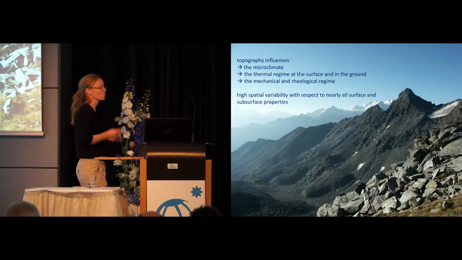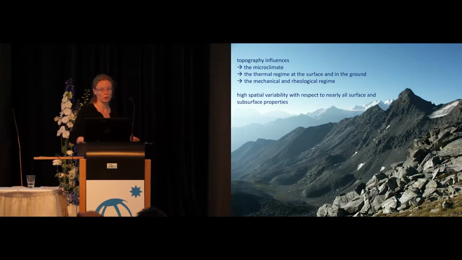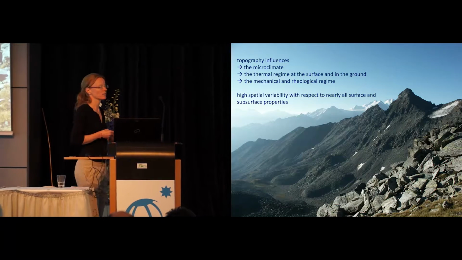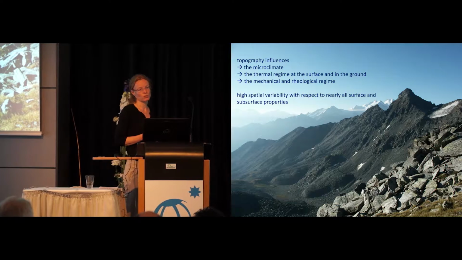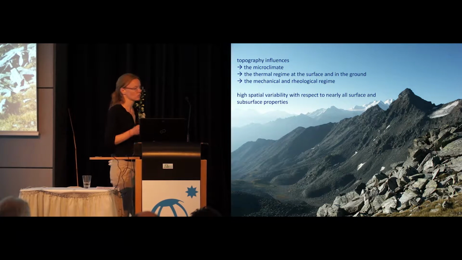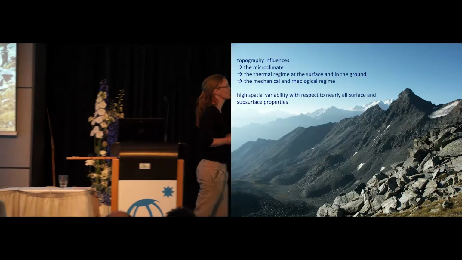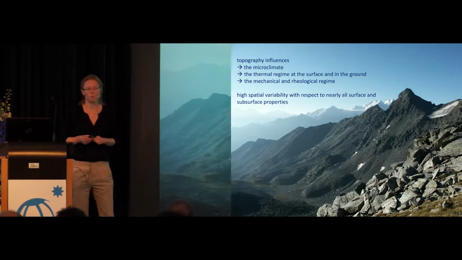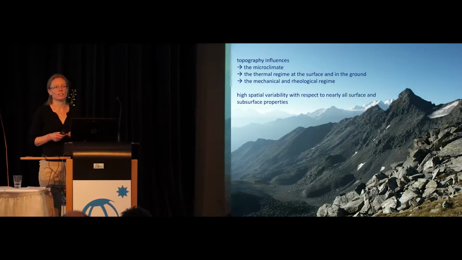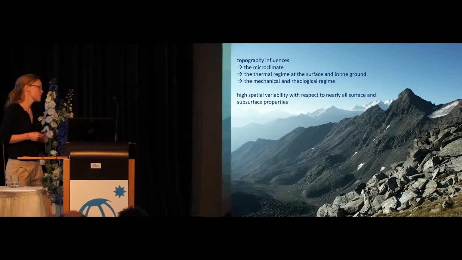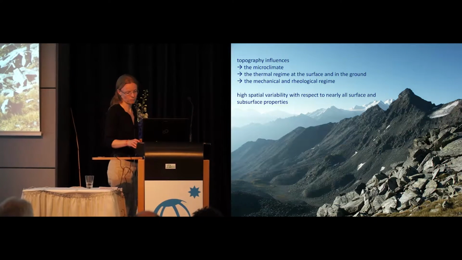The topography influences the microclimate, the thermal regime at the surface as well as in the ground, and this also influences mechanical and rheological regimes. So there is high spatial variability with respect to nearly all surface and subsurface properties. And this makes it so difficult to measure the permafrost in these areas and also to model the permafrost in these areas.